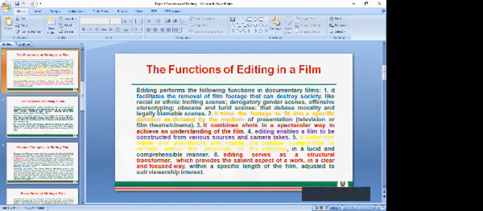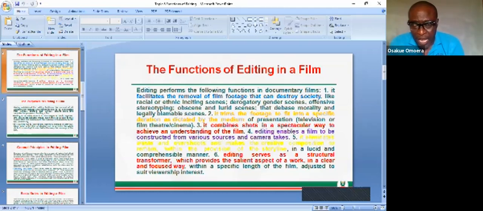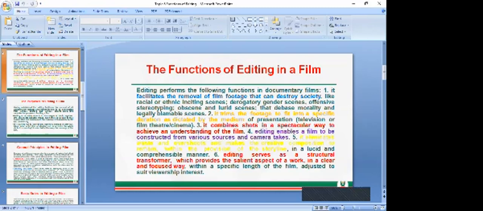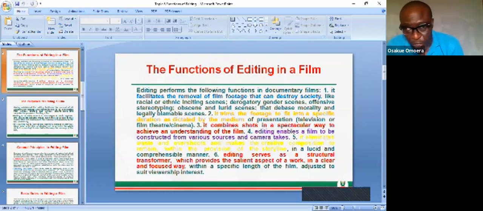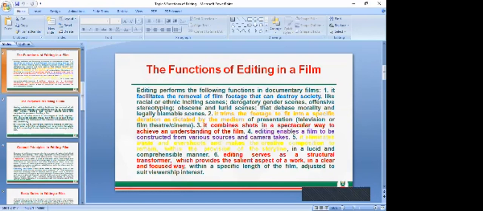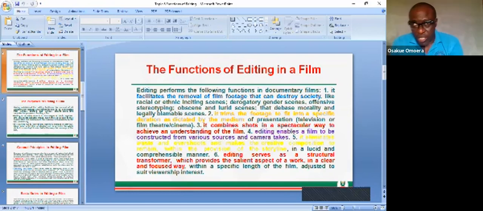After looking at the function of the printing, we'll be doing revision and wrapping up. You understand? Just about 2 weeks.